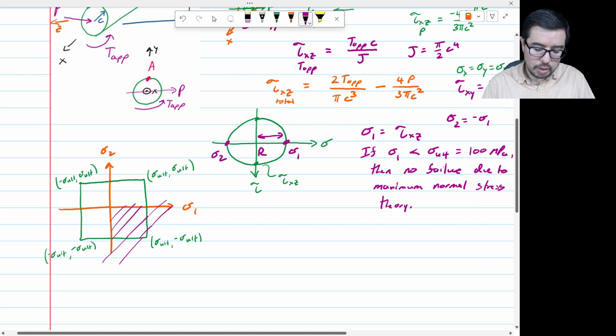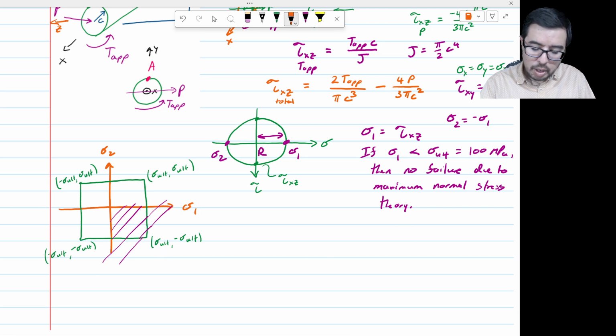I don't know if I'm inside the box or outside the box, but if I'm outside the box, then I'm going to have failure. And the same rule applies: if sigma 1 is less than sigma ultimate, what do I essentially have?